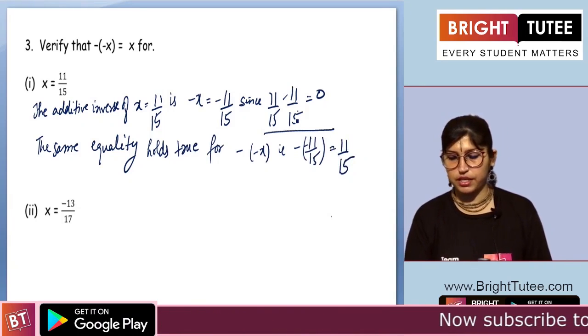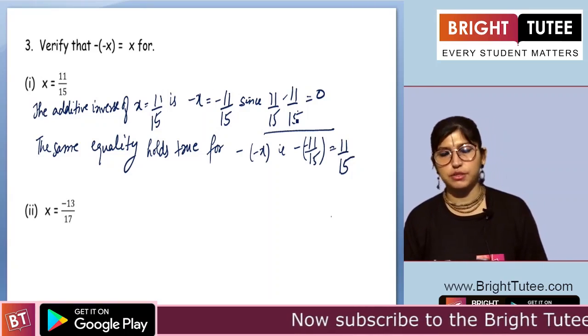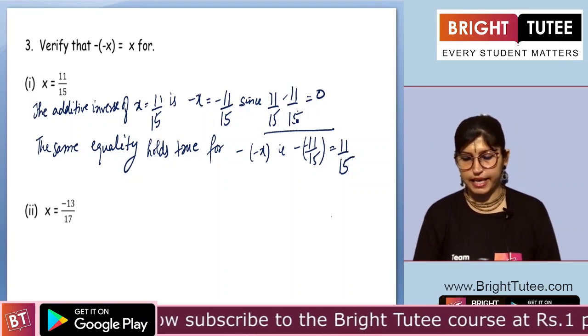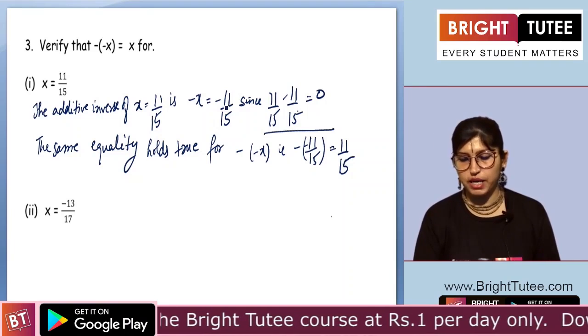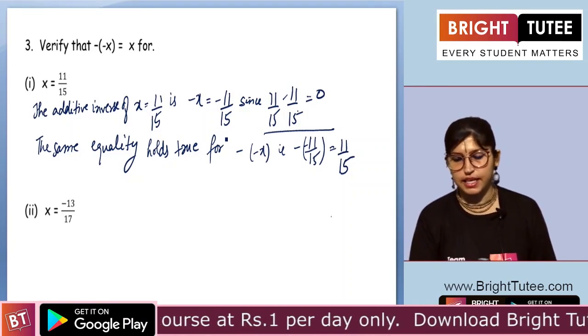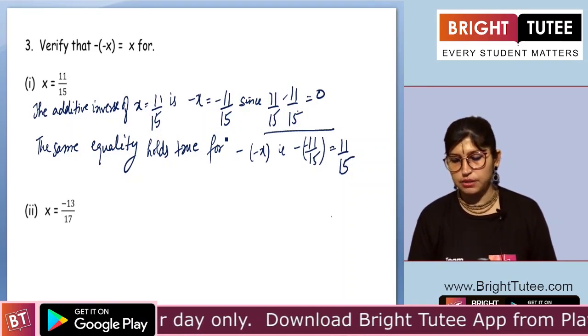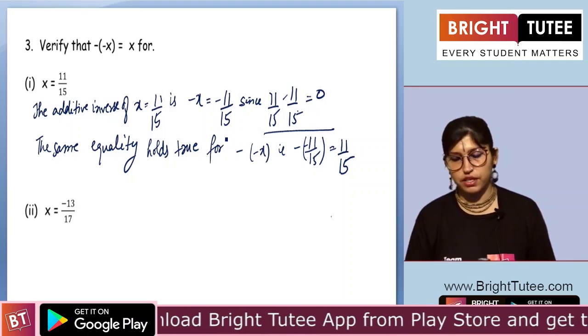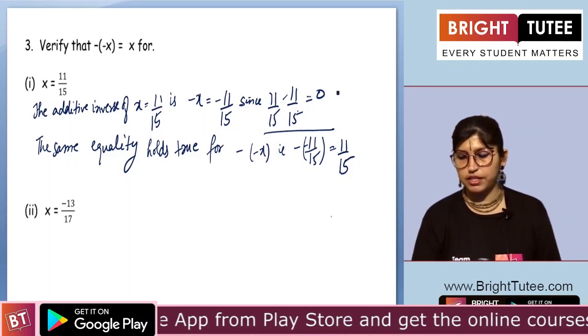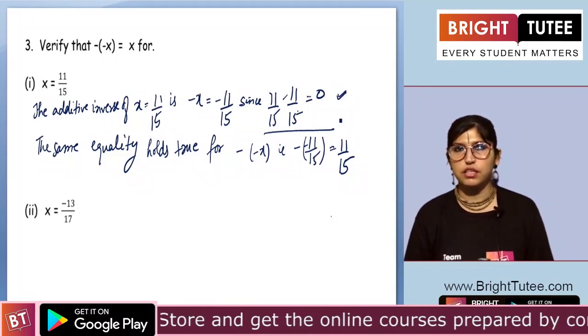So the same equality holds true for this as well. So the same equality says that the additive inverse of minus 11 by 15 is 11 by 15, as minus of minus x will be this, and we know that the equality is the same which we discussed here.